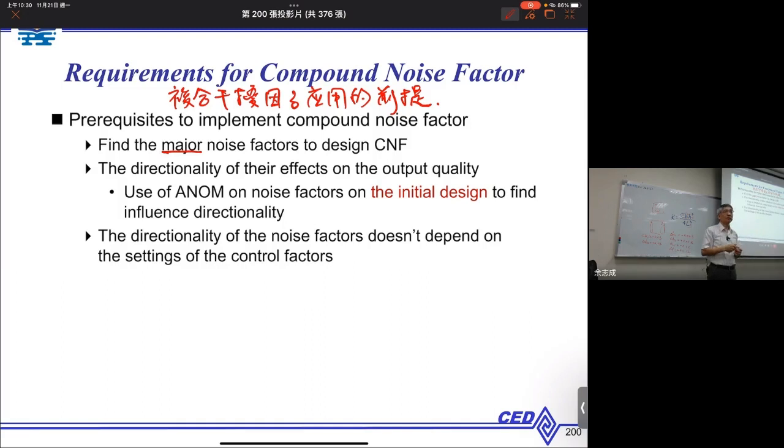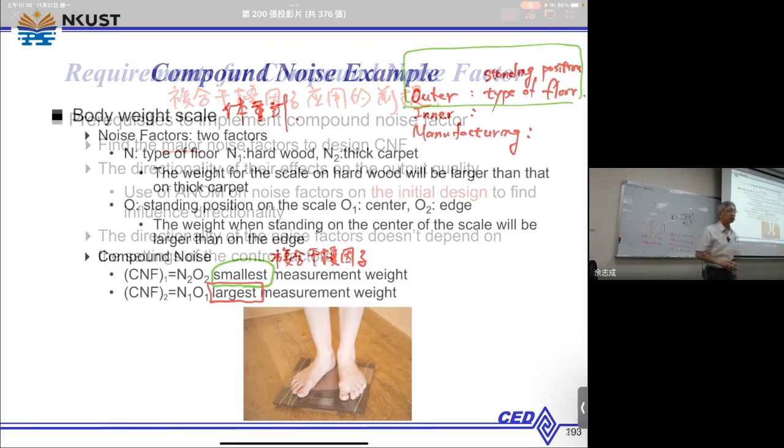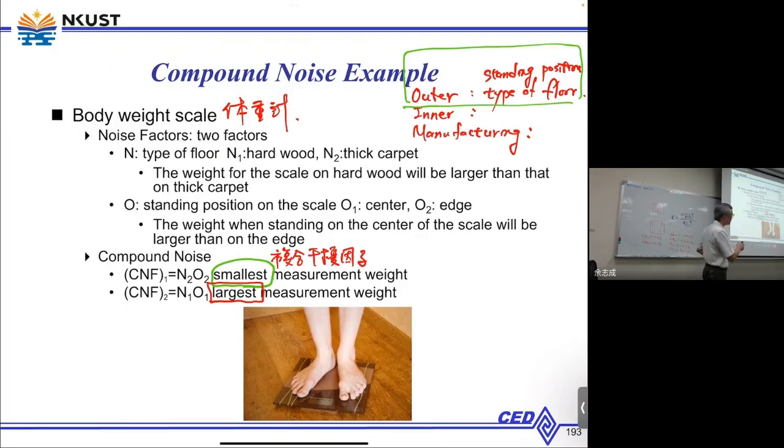For the bathroom scale, there will be a spring. And the spring will have a manufacturing error just like the cantilever spring we analyzed. There might be some tolerance for the dimension. So you need to go through this noise factor first and understand what will be the major noise. In this case, we didn't consider inner noise and we didn't consider manufacturing tolerance.